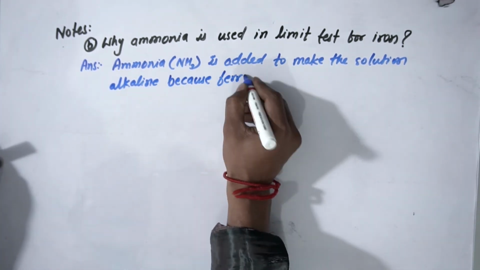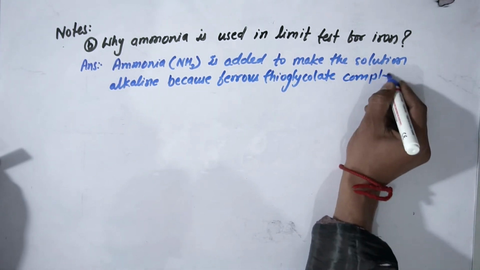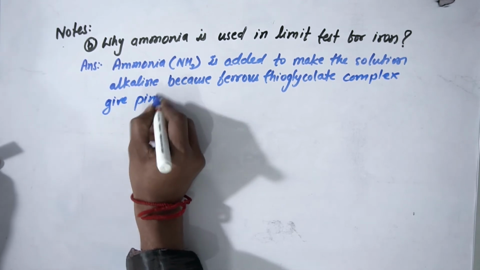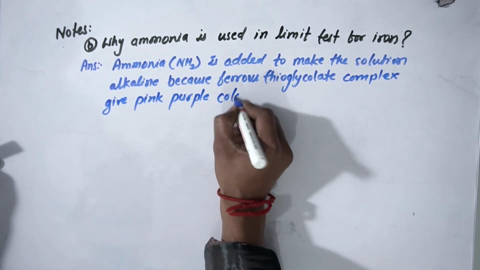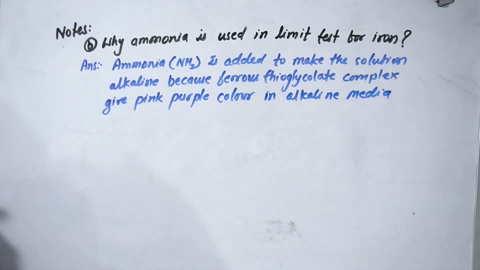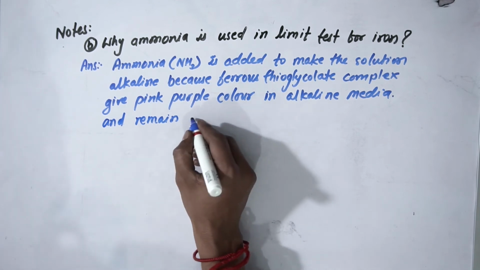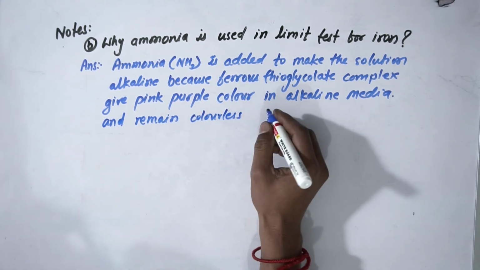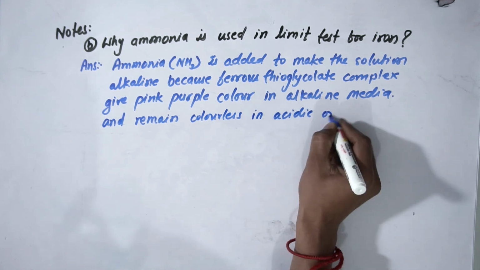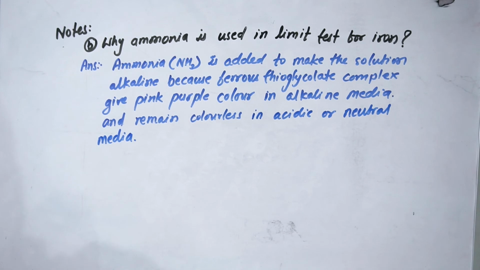Because the ferrous thioglycolate complex will give pink or purple color in alkaline media and remain colorless in acidic or neutral media. What does it mean? This ferrous thioglycolate complex gives pink purple color only in alkaline media, but it will give no color in neutral media or acidic media.